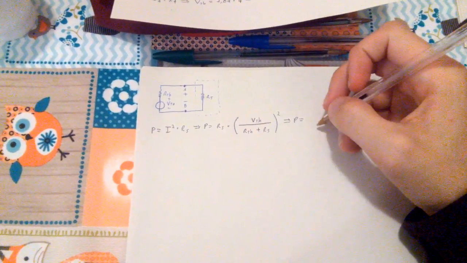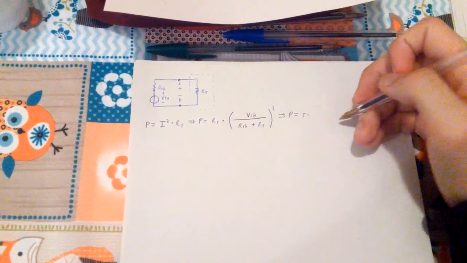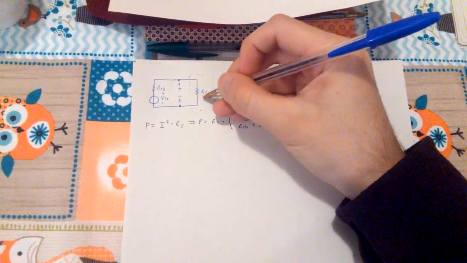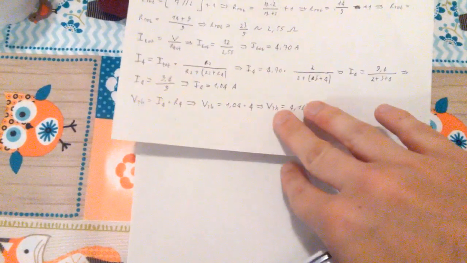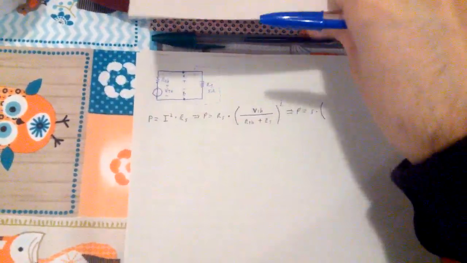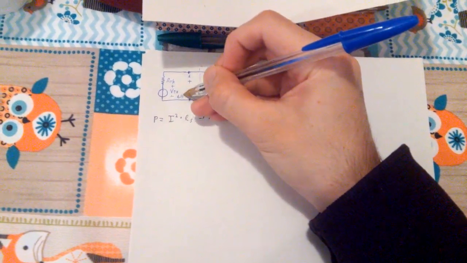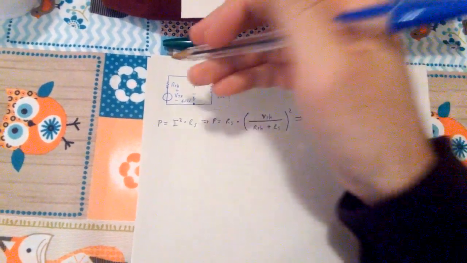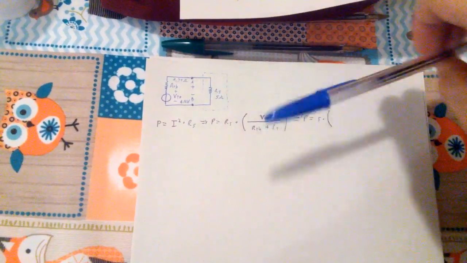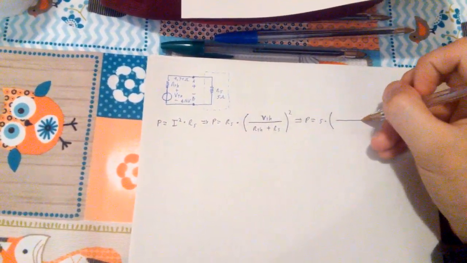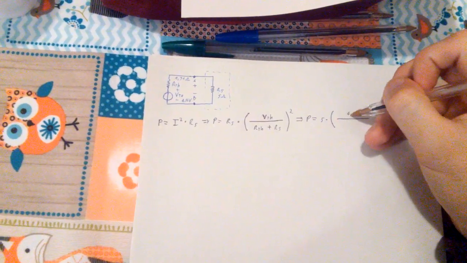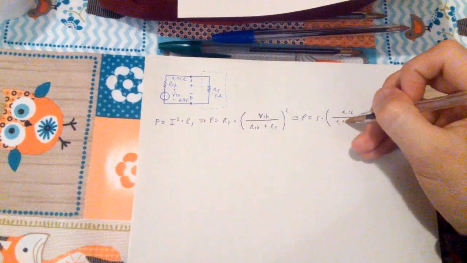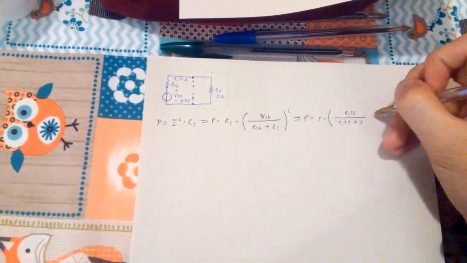So P is actually, R5 was 5 ohms, VTH was 4.16 volts, and RTH was 1.91 ohms. So essentially we have the voltage, 4.16 over RTH 1.91 plus R5, which is 5 ohms.